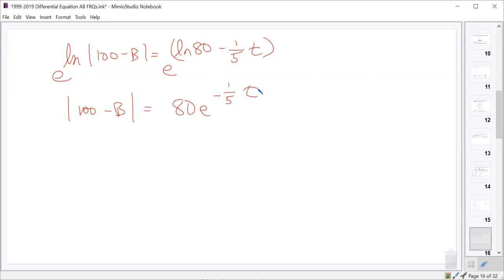That'd give us 80 equals negative 80. So we're just going to call this 100 minus b equals 80 e to the negative 1/5 t because of our initial condition. I'm going to add b and subtract the 80 e term. So we end up with b equals 100 minus 80 e to the negative 1/5 t. And that's that.